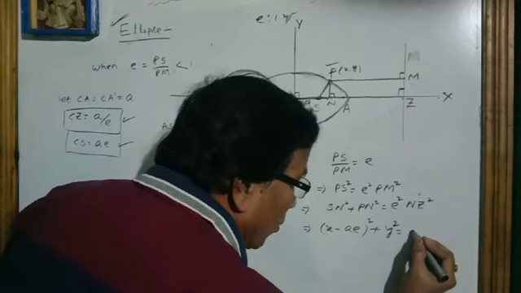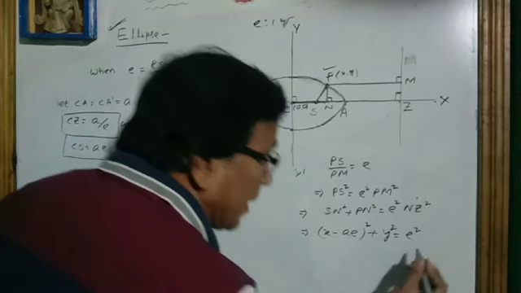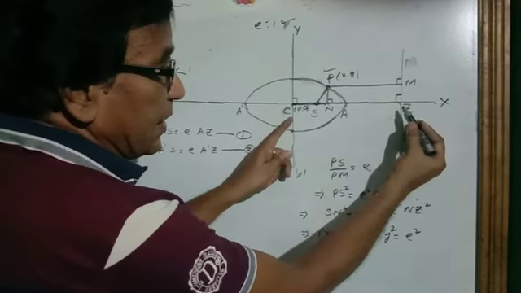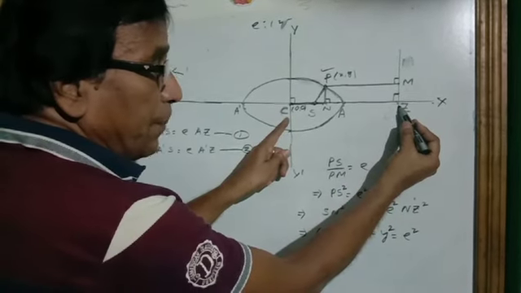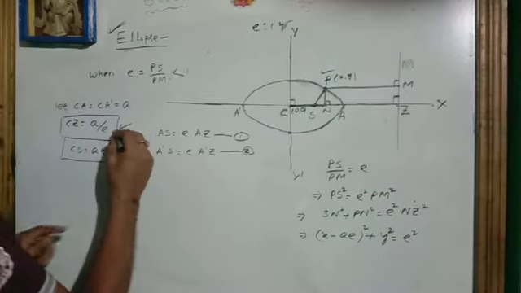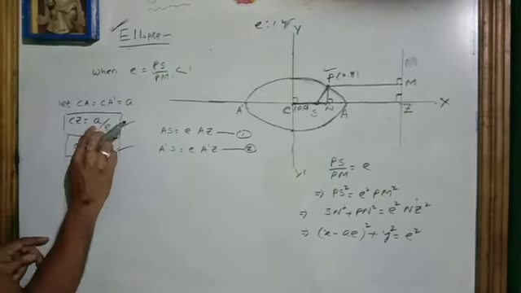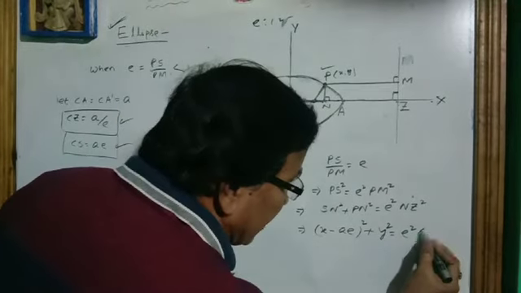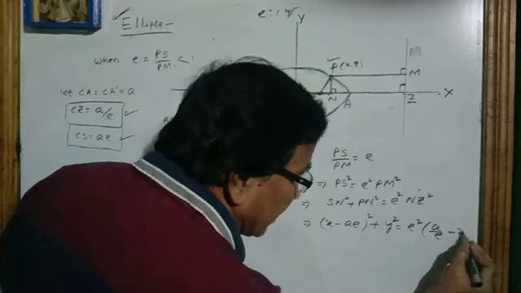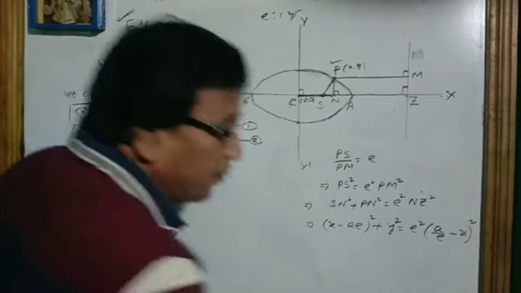This equals E square into NZ square. What is NZ? NZ is equal to CZ minus CN. CZ is known to us, it is equal to A by E. So it is A upon E minus x, whole square.